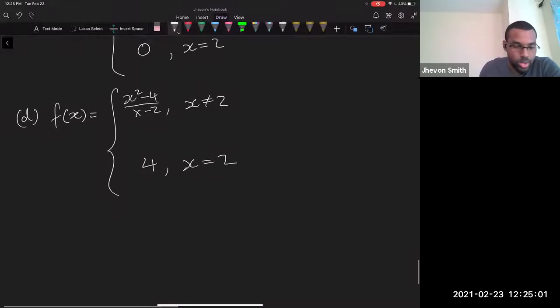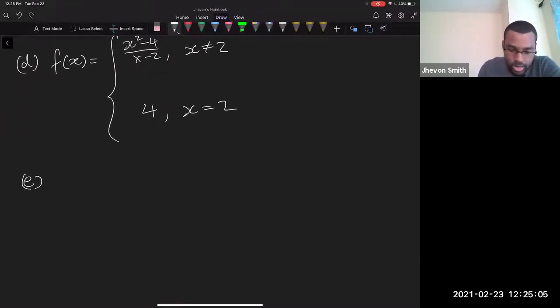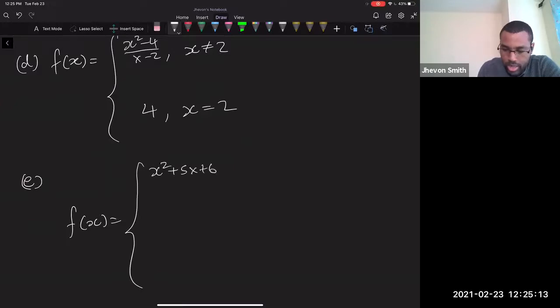Where is that continuous? And finally, f of x equals this function, (x squared plus 5x plus 6) over (x plus 2), and it's 1 if x is minus 2.